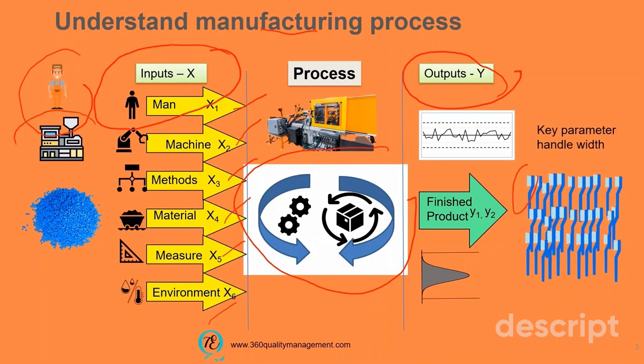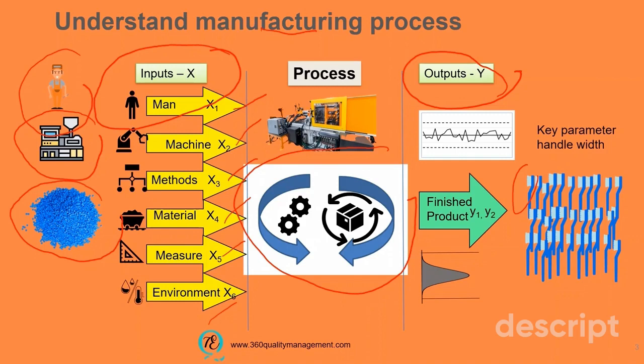The machine will be the molding machines that are used for material transformation. And also the methods will be the work instruction, and the materials are those polymer pellets from a reliable source of an approved vendor.